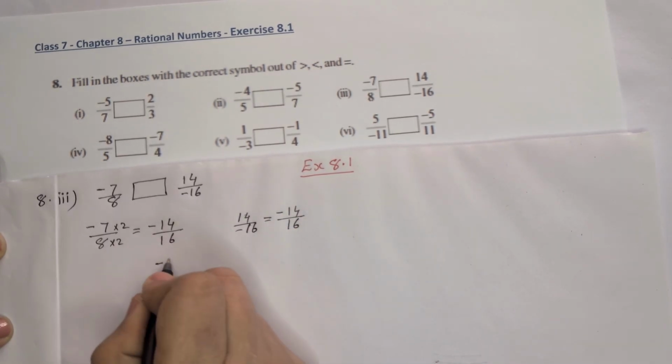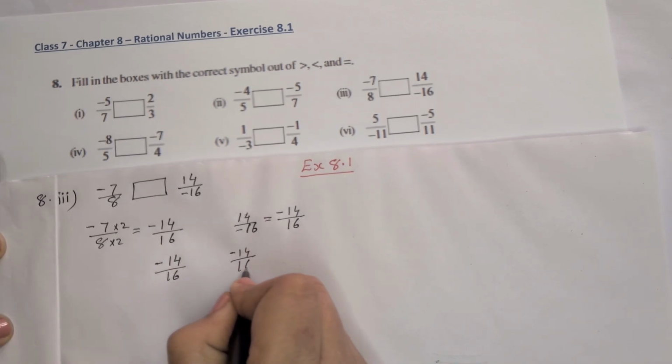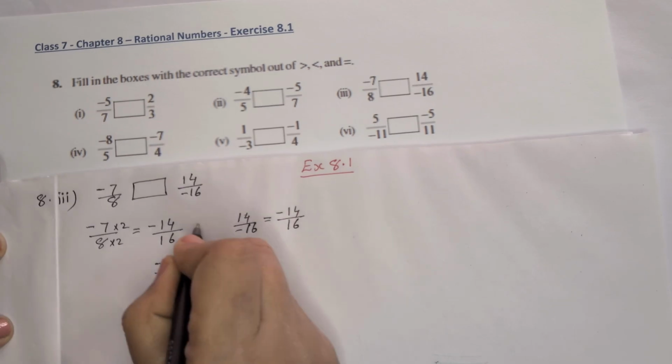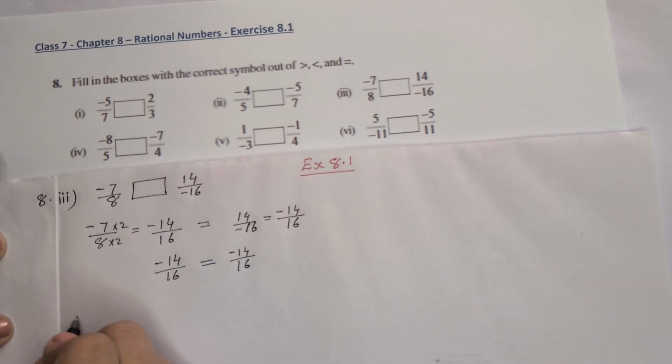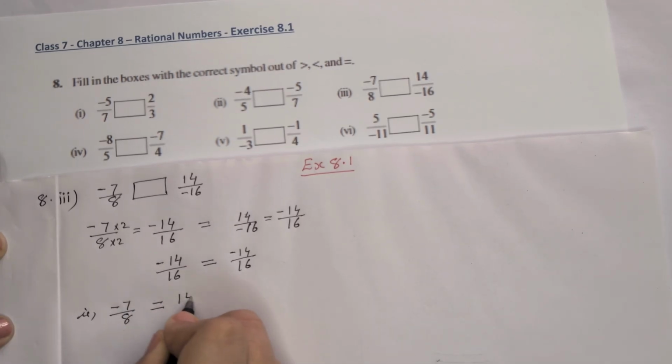So we can see here the first number is minus 14 by 16 and the second number is also minus 14 by 16. So we can put the equal to sign. Both are the same. That is minus 7 by 8 is equal to 14 by minus 16.